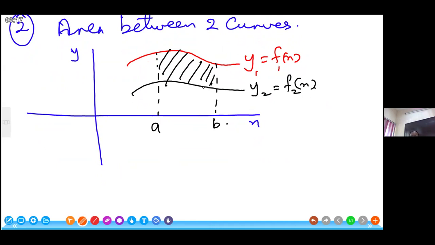Tell me, what is the application here? Tell me one application of why we want to find out the area between these two. Anyone? Think about any field. We can think in agriculture very easily.